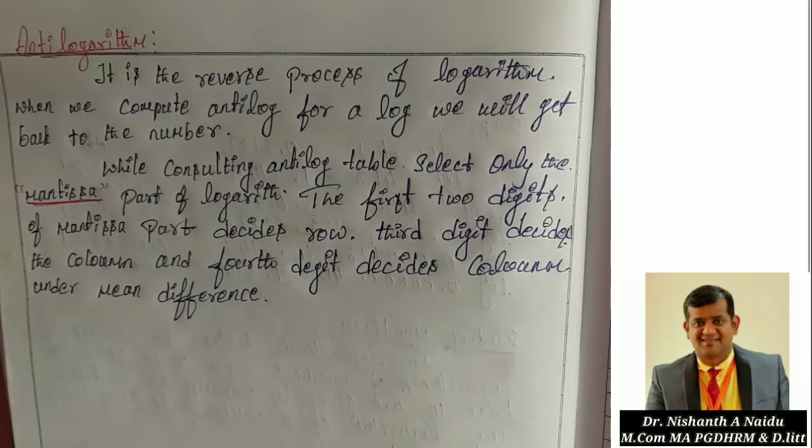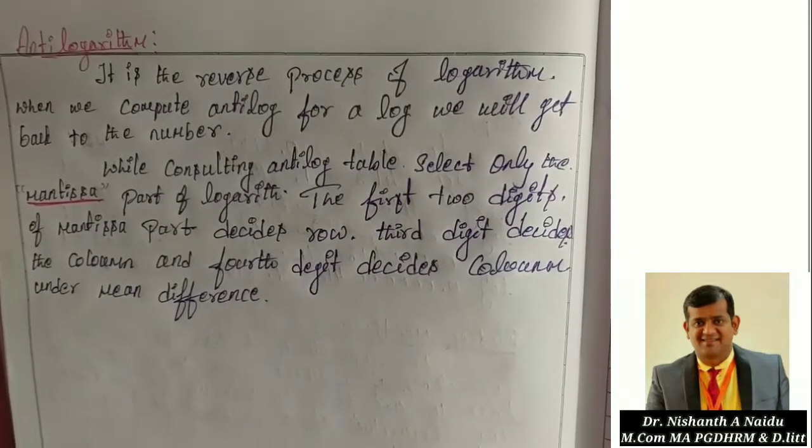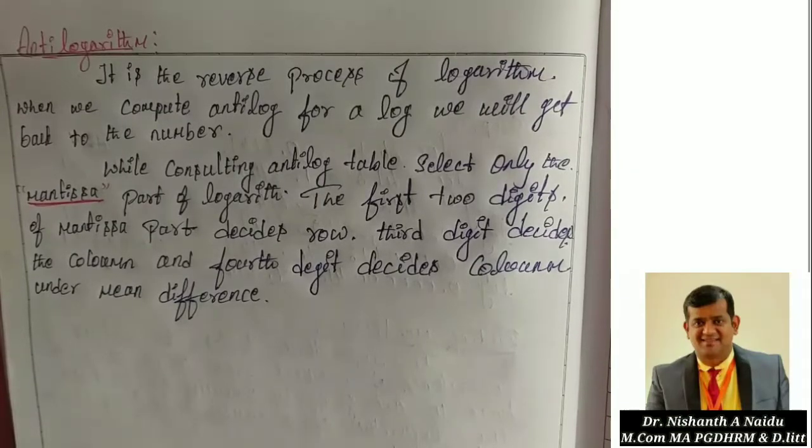So you will get an idea to calculate log and anti-log as well. By learning this, you will be able to understand both: how to find a log and how to find an anti-log.